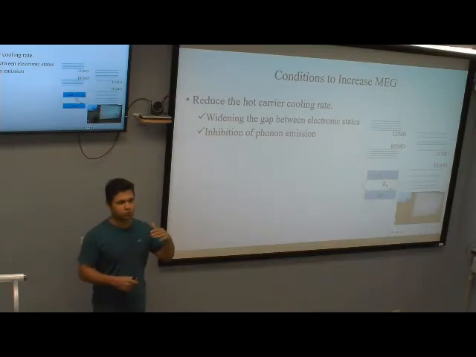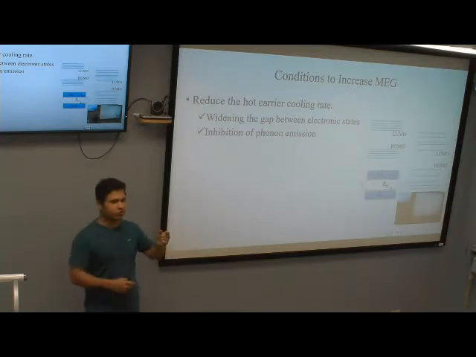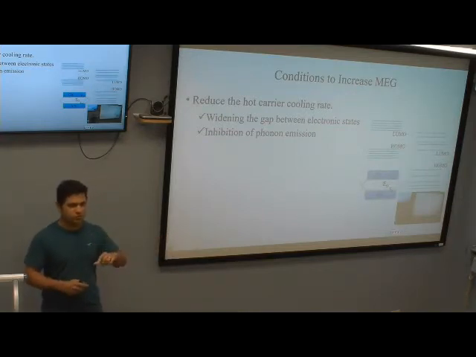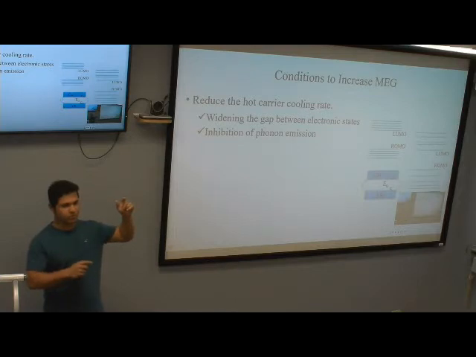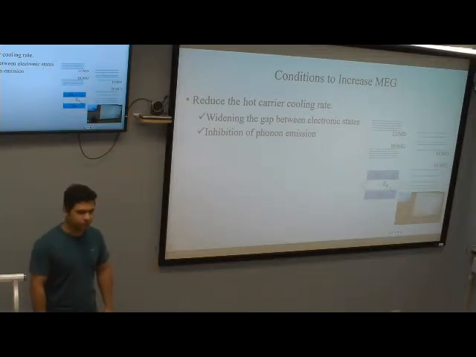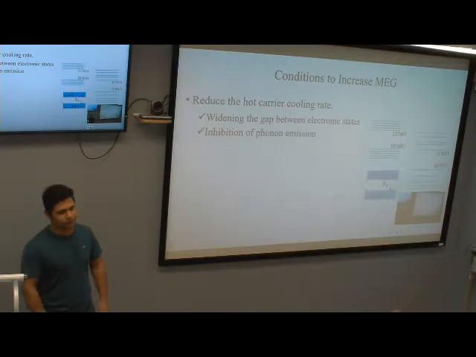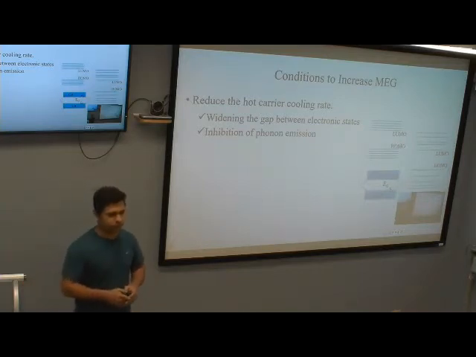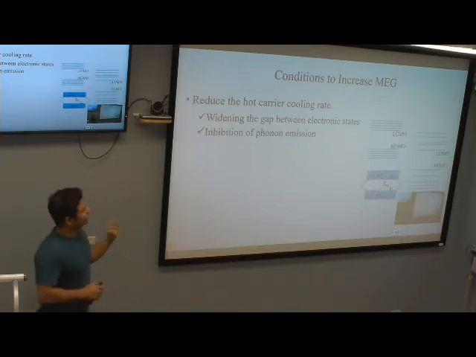Then you utilize that excess energy to excite another electron. If your band gap is small, you can excite with higher energy, which increases the probability of creating more MEG. So minimize the band gap, but make the sub-gaps in the valence and conduction bands larger. That's why I told you everything is interrelated.